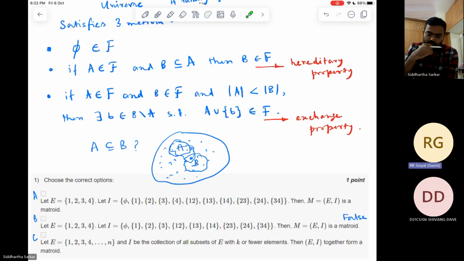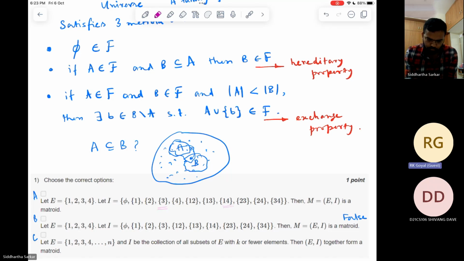If we consider 3 and 1, 4, then following the exchange property, the cardinality of B is greater than the cardinality of A, so there exists an element in B. It shows that it is not necessary for all the B's; there must exist a single B. Probably it answers that question, that A union B need not be an element of the family, because there should be a single B. Like in this case, 3 and 1, 4: can we find one such?